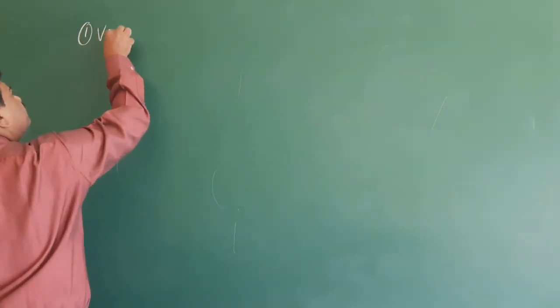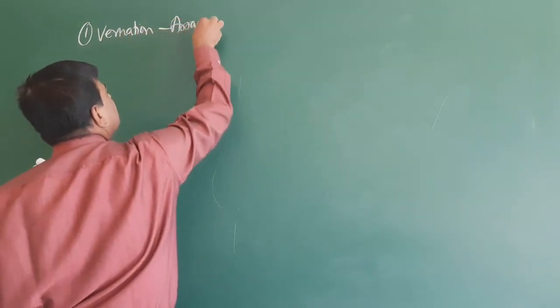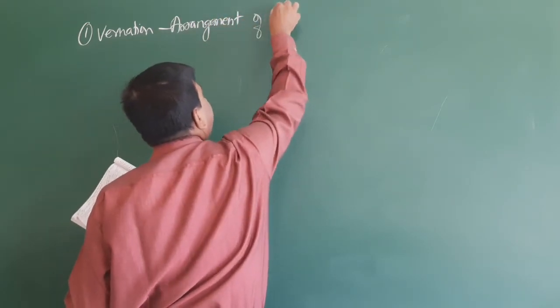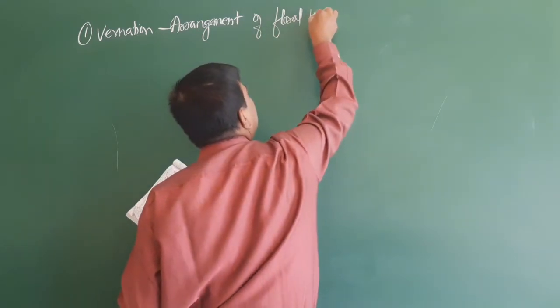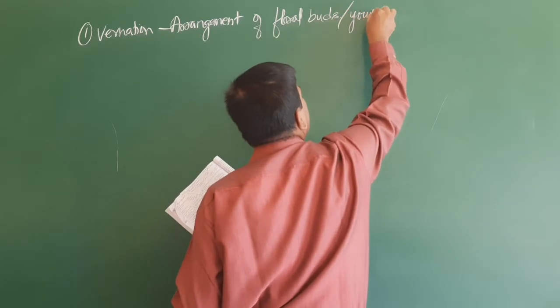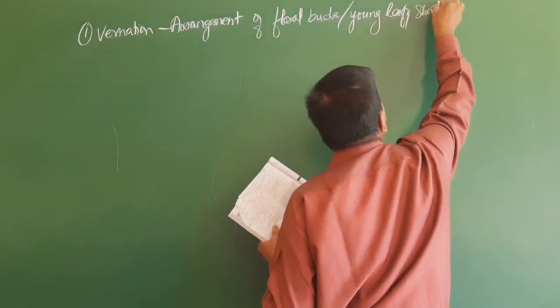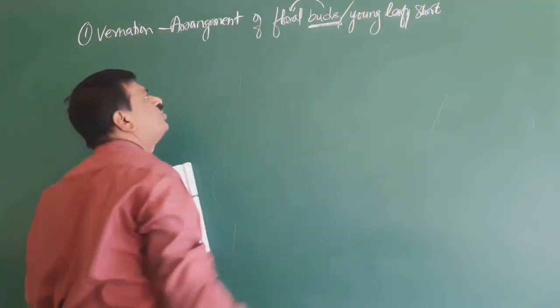The meaning of vernation is the arrangement of floral buds, or arrangement of young leafy shoot, or arrangements of buds in the floral parts.